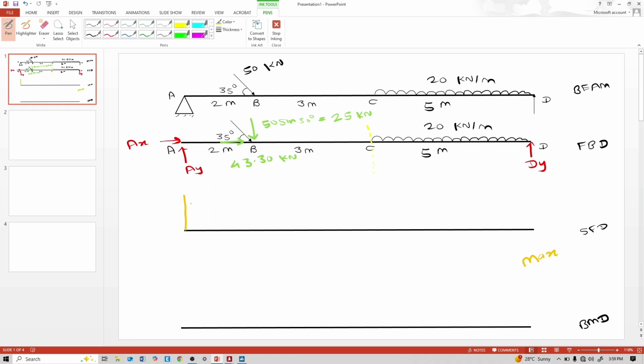Between A to B there is no load, that means a horizontal line in the shear force diagram, then suddenly a 25 kilonewton drop, that means like this. Between B to C there is also no load, so again a horizontal line, and between C to D there is uniformly distributed load, that means here is an inclined line like this.